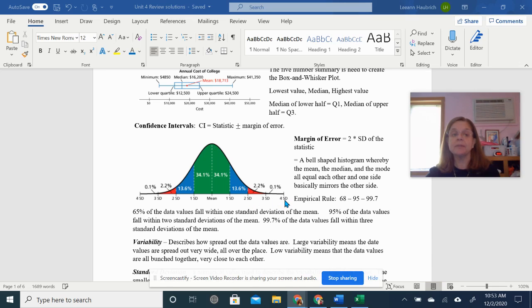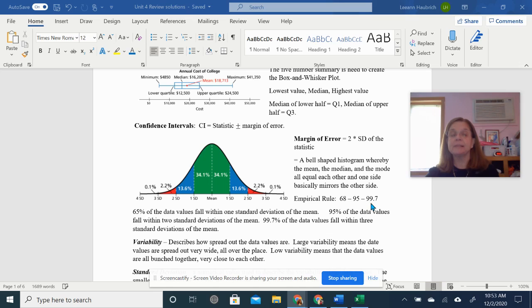You can have standard deviations 4, 5, 6 above and below. So the empirical rule is 68, 95, 99.7. So if you are required to use the empirical rule, remember 68, 1 standard deviation away. 95, 2 standard deviations away.